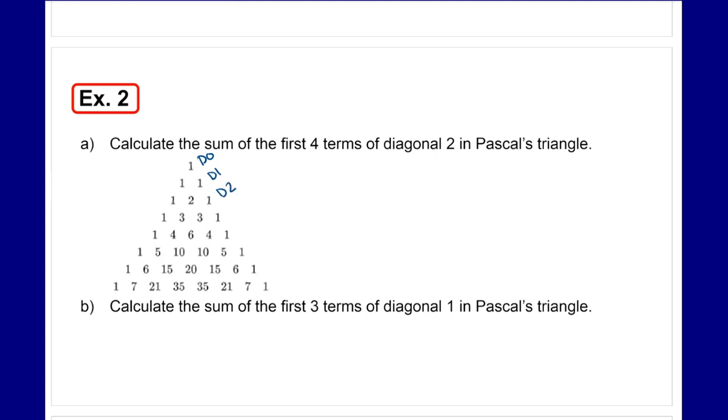If I want to look at the first 4 terms, that would be 1, 3, 6, and 10. So what would those work out to? Well, 1 plus 3 plus 6 plus 10 equals 20. So the sum of those first 4 terms is equal to 20.